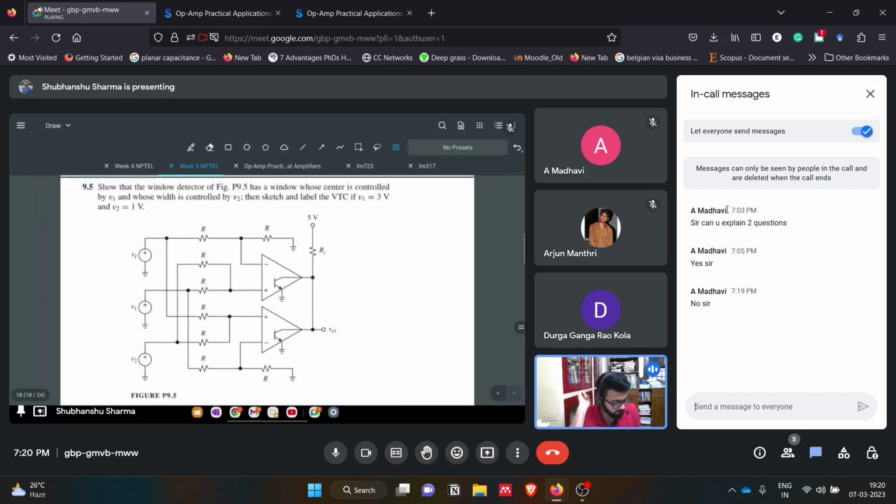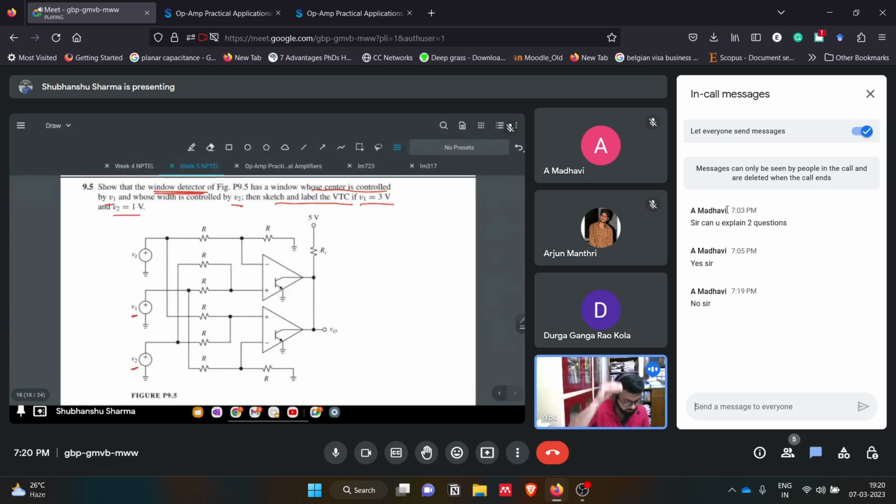The question is saying we have a window detector in front of us. That is this figure, whose window center is controlled by V1, that is this one, and whose width is controlled by V2. Then sketch and label the VTC, the voltage transfer characteristics, if V1 is 3 volts and V2 is 1 volt.